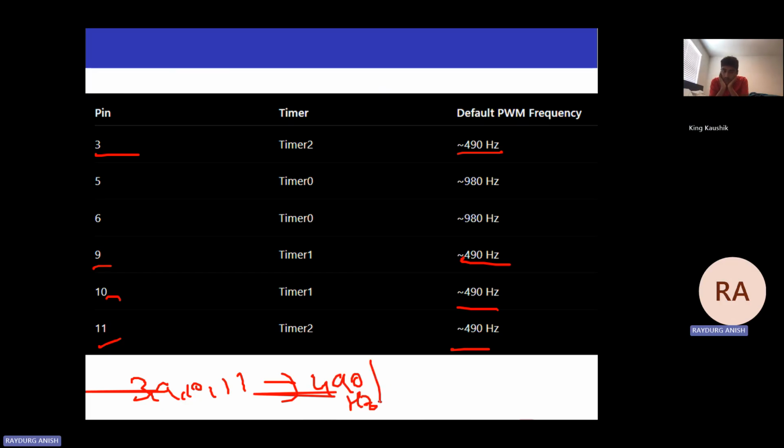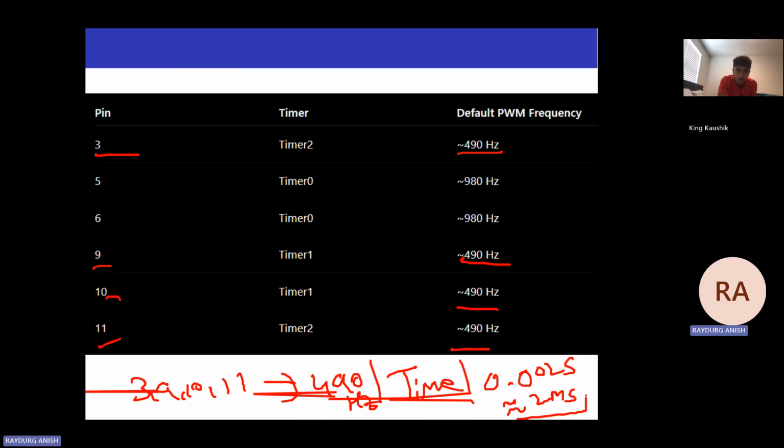Can you tell me what the time period will be? It will be 1 by 490. That's 0.002 seconds, which is approximately 2 milliseconds.